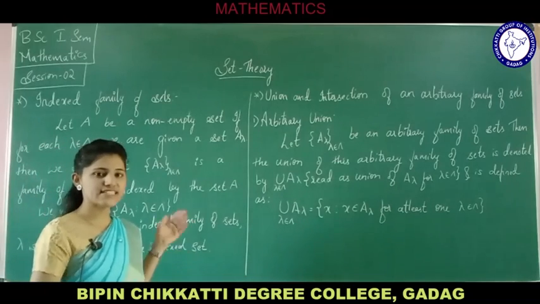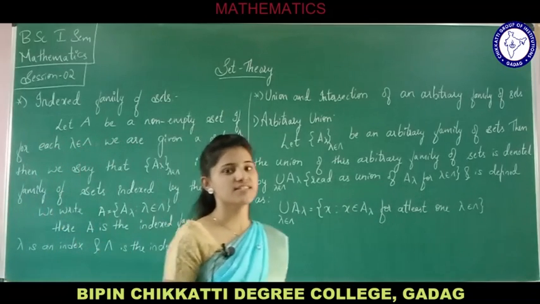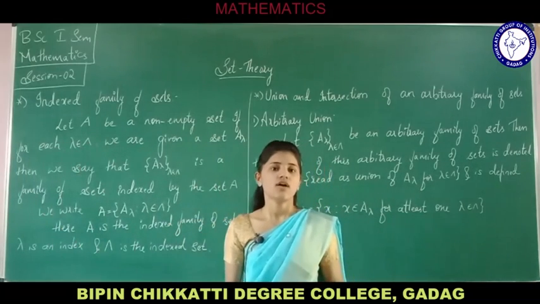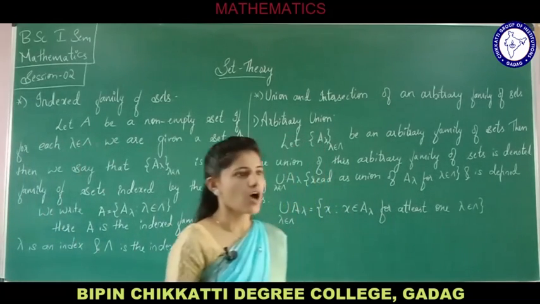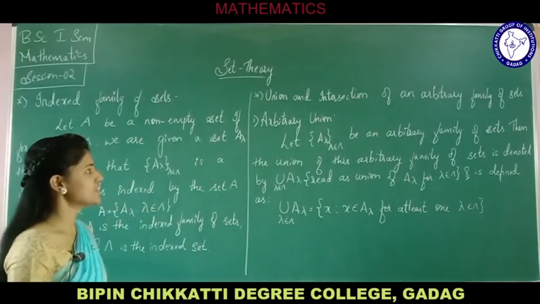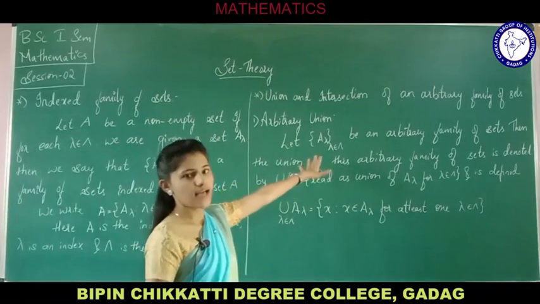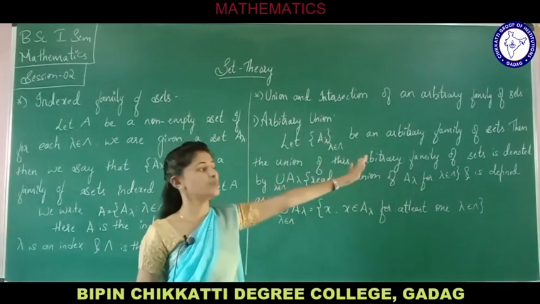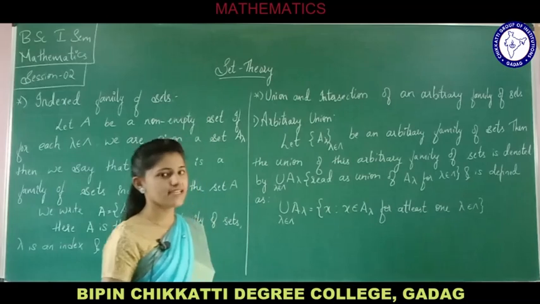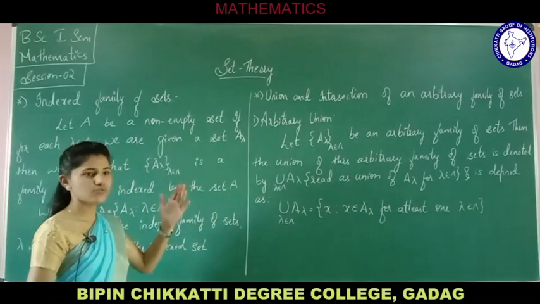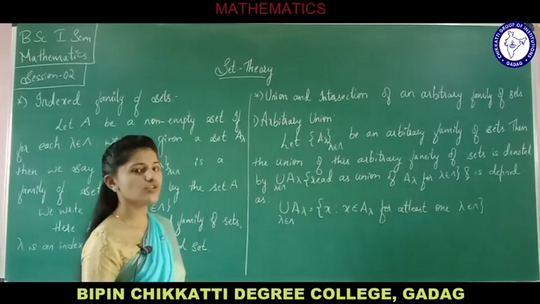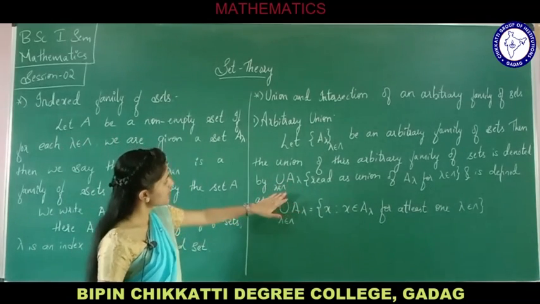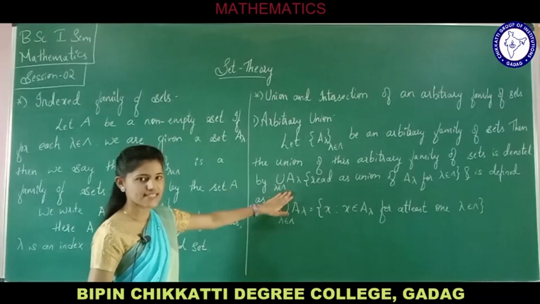So after this index set, let us proceed with the arbitrary union and intersection of sets. See, arbitrary union of sets, how are we going to define that? Here let A lambda, lambda belongs to the indexed set, be any arbitrary family of sets. Then the arbitrary union of sets we denote by union of A lambda, lambda belongs to the indexed set.